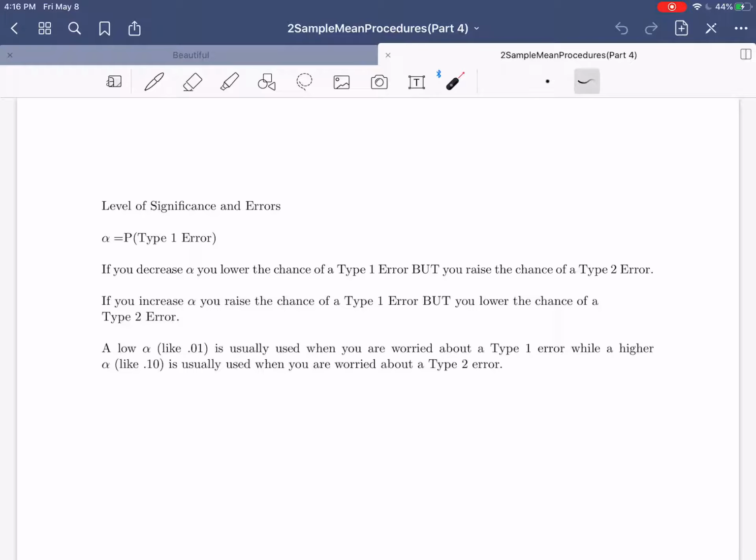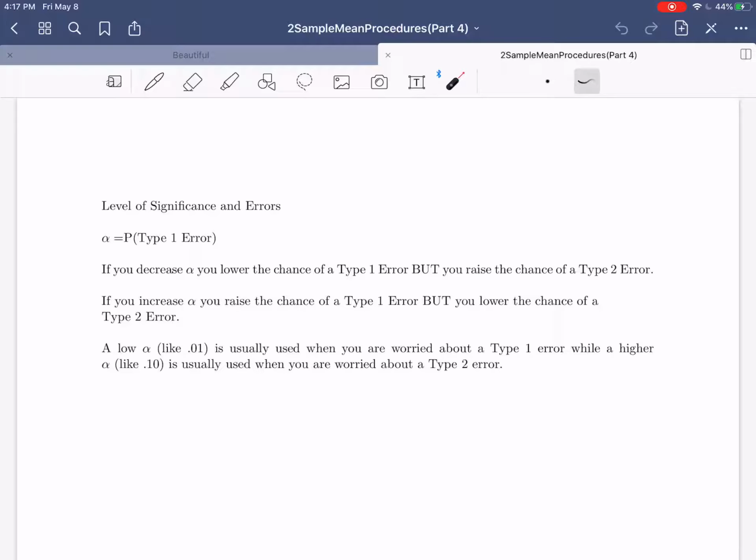What this really means is that if you decrease the alpha, you actually lower the chance of a type 1 error. If you make this alpha lower, then that's going to reduce the probability that you make a type 1 error. The problem, though, is that if you lower the chance of a type 1 error, you naturally raise the chance of a type 2 error.